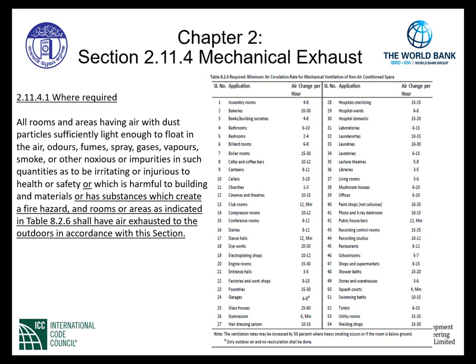The air circulation rate specified in this table shall be equal to the combined total of outside air and recirculated air. The occupant load shall be determined in accordance with the data provided in Table 8.2.3.